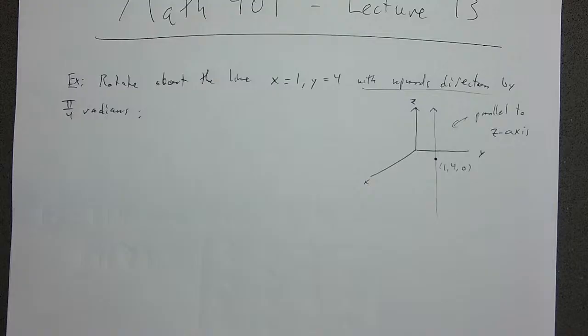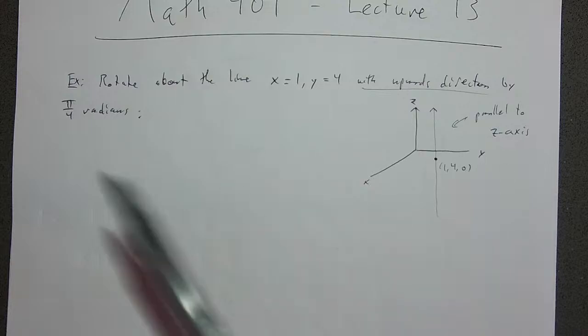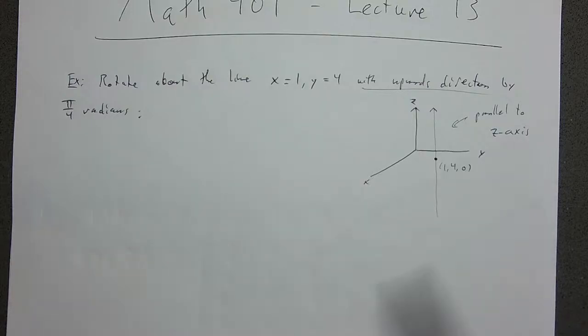So what is the idea? The idea, of course, is similar to what I did in the plane. In the plane, when I wanted to rotate about a point that wasn't the origin, I simply translated the entire plane to that point, did the rotation as if it was the origin, and then translated back. I did the opposite translation back to the initial position. So I want to do the same thing here.